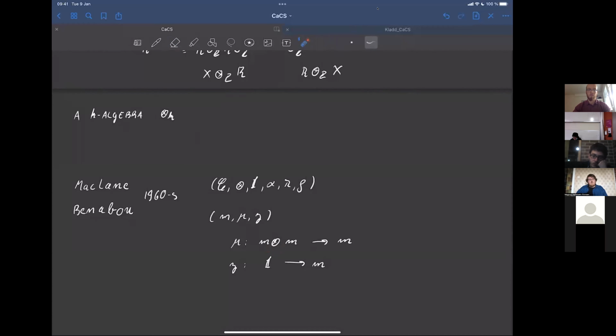Then you can think of this as a homotopically well-behaved tensor product for algebras, and that has been done in recent work by Kathryn Hess and Alexander Berglund.